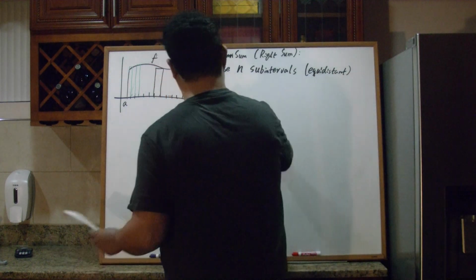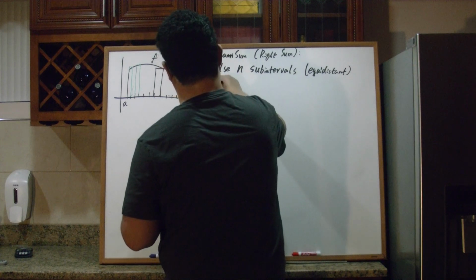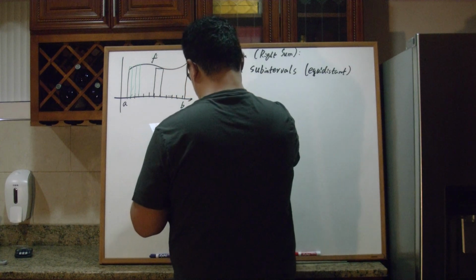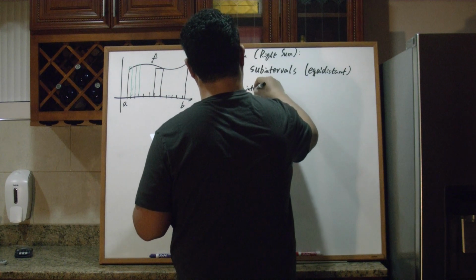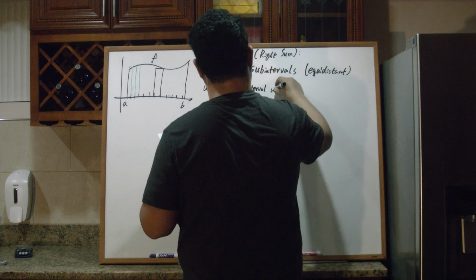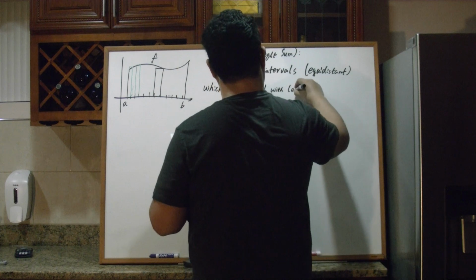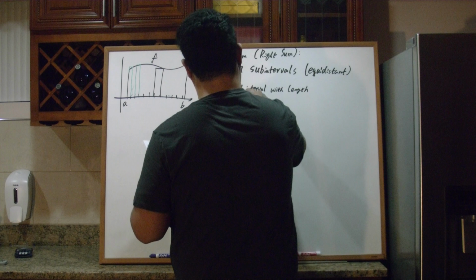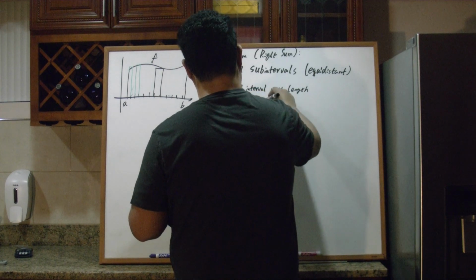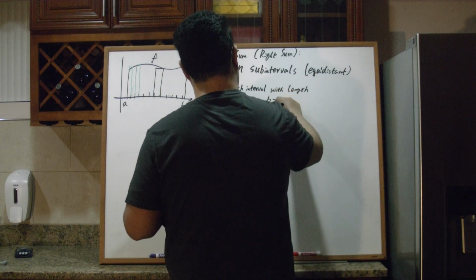And of course, when there are n subintervals, each interval has the length called delta x equals b minus a over n.